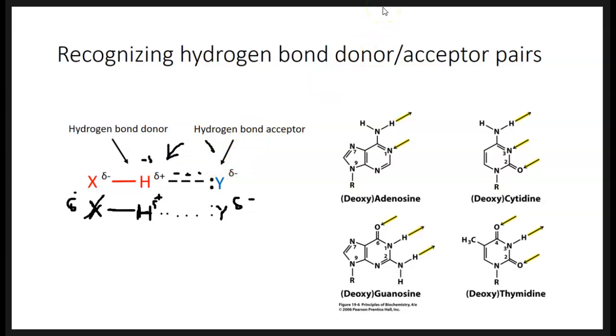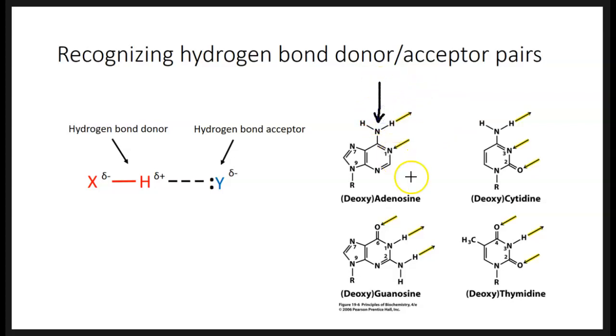So let's look at the individual bases that make up DNA and look at where we can find some hydrogen bond donors and hydrogen bond acceptors. Here on the ring of adenosine, we have an electronegative nitrogen that has hydrogens bonded to it. So here we have a hydrogen bond donor. Here we have a nitrogen that's covalently bonded to carbons and is missing a hydrogen on it.